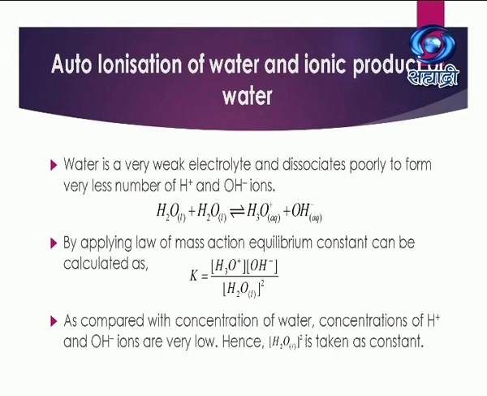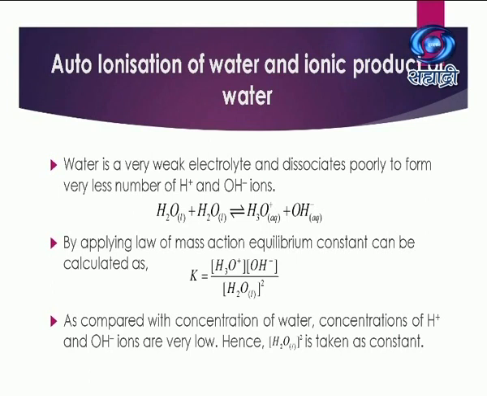As water is a very weak electrolyte and upon dissociation equilibrium is attained, let us apply the law of mass action to this equilibrium to calculate the equilibrium constant. So capital K is equal to active mass of H3O plus into active mass of OH minus upon active mass of H2O liquid the whole square.